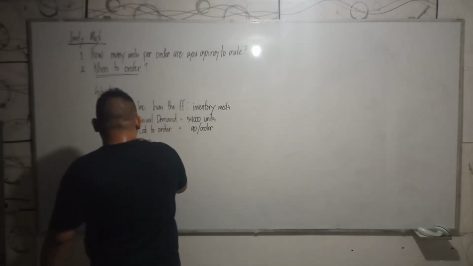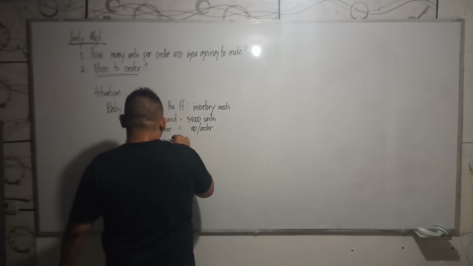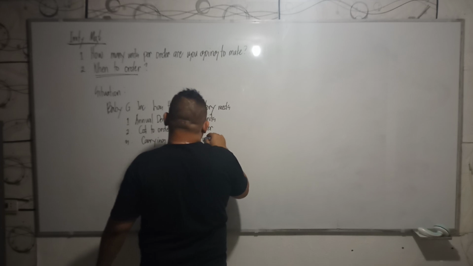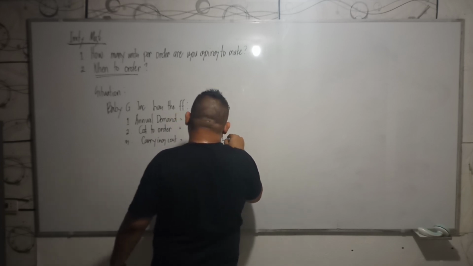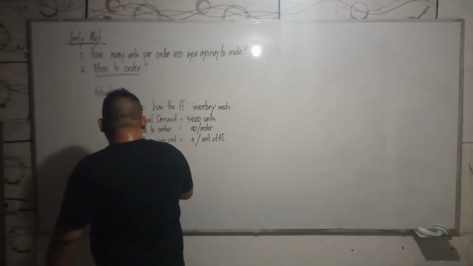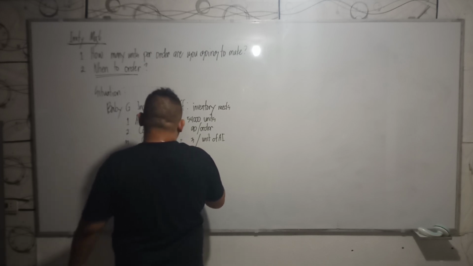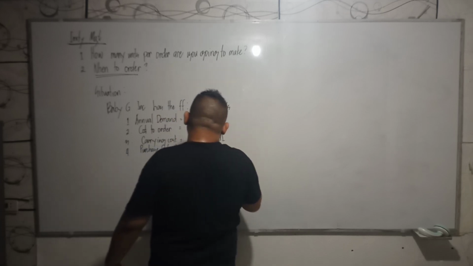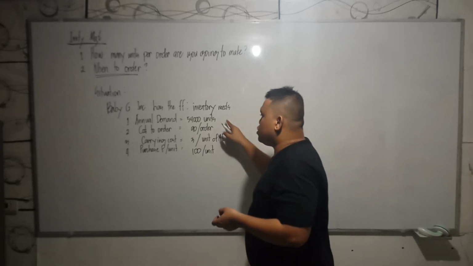Then the carrying cost is 3 per unit of average inventory. Number 4, the purchase price per unit is 100. That's it. So let's tackle each of the givens.